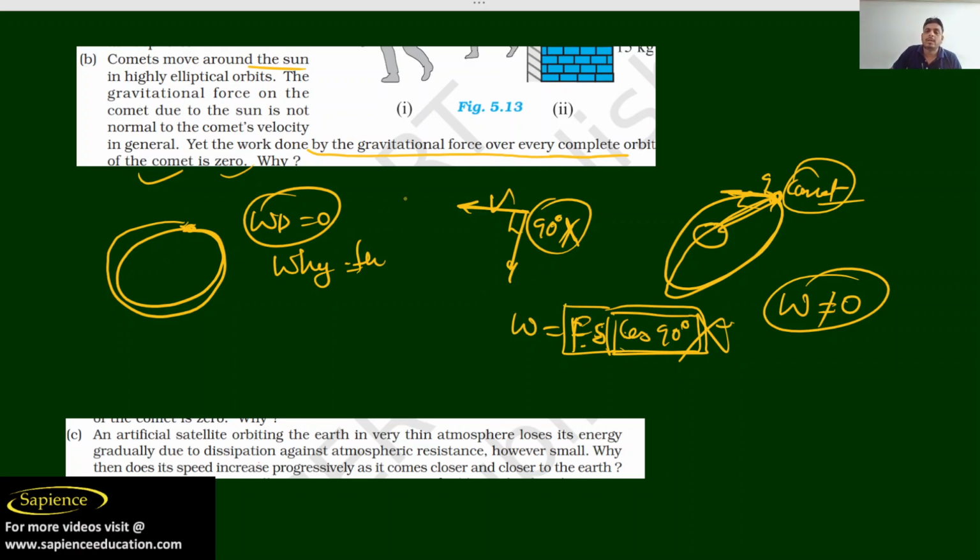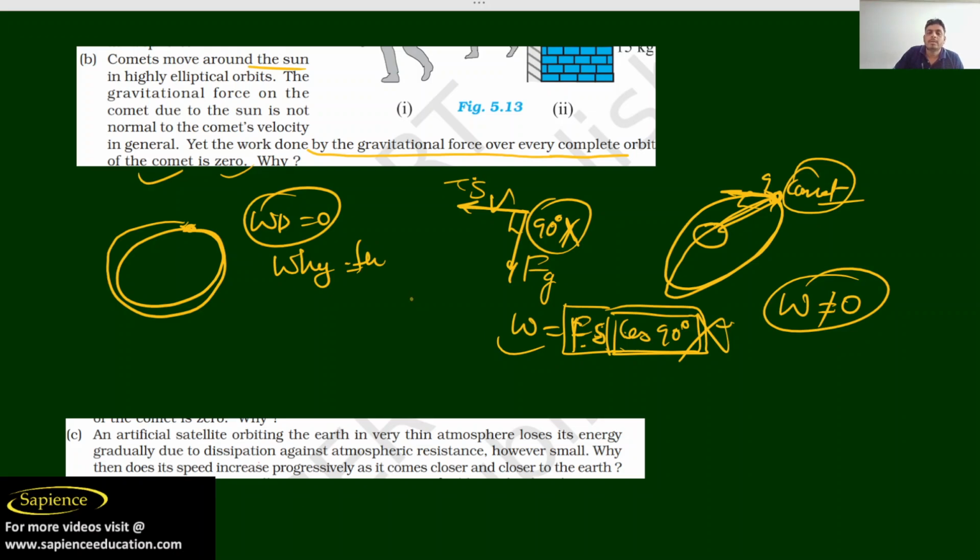Then why should the total work done by the gravitational force over one complete orbit be zero? As per the definition it can't be zero, because the displacement and the force due to gravity are not at 90 degrees.